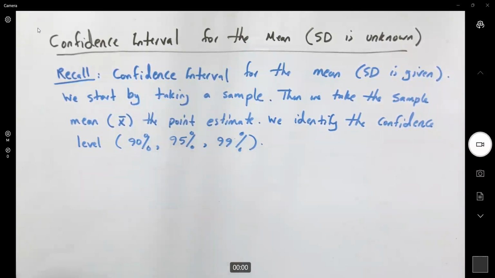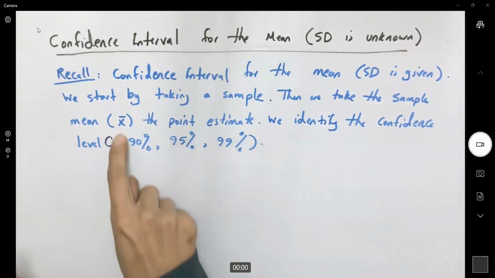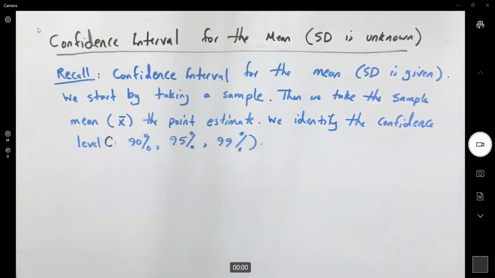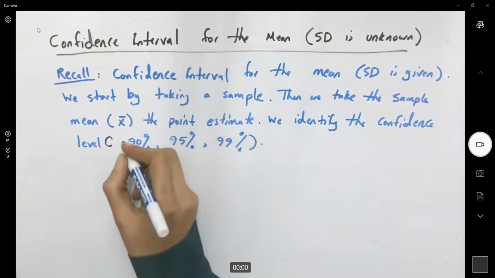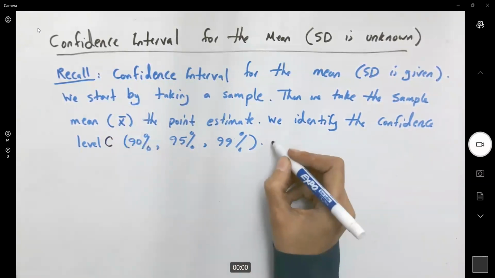After finding the confidence level that we denoted by C, we used C to calculate the critical value.